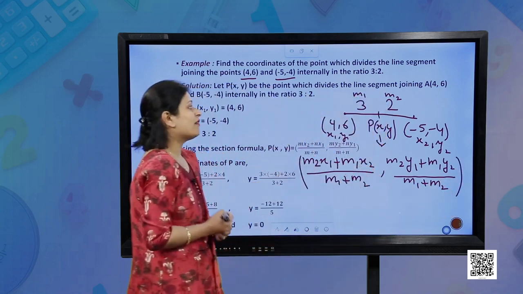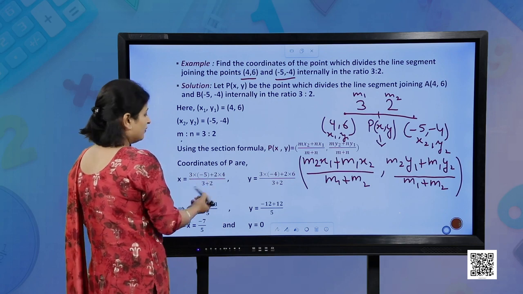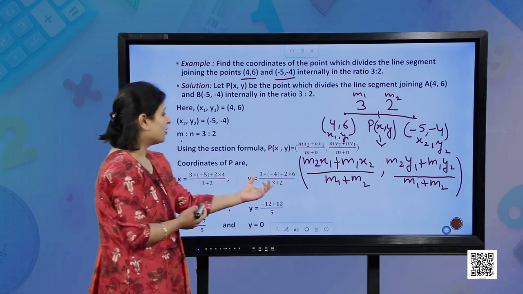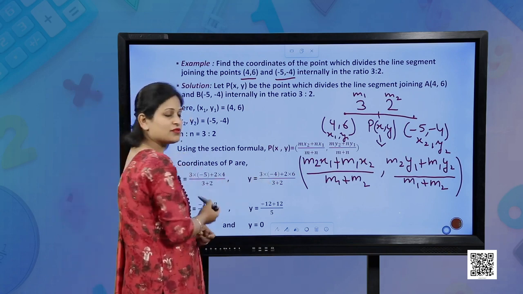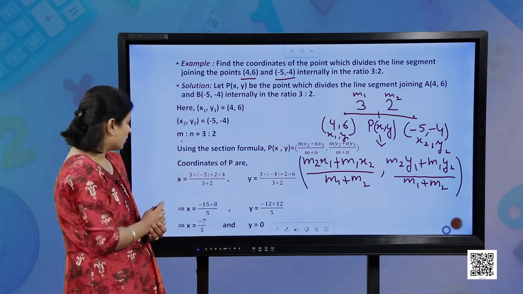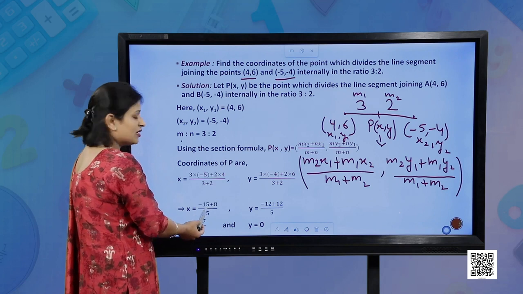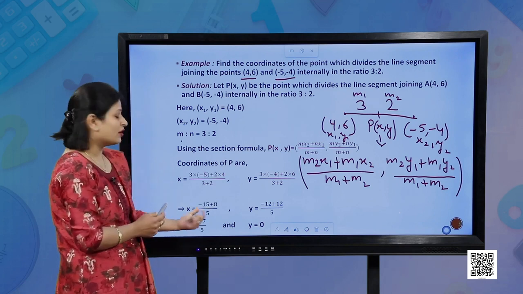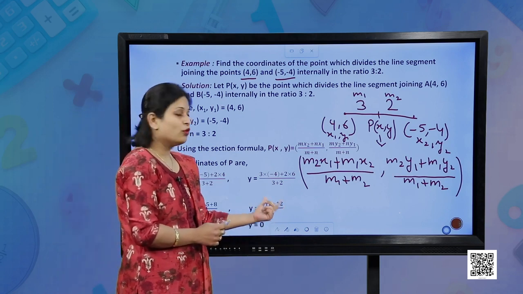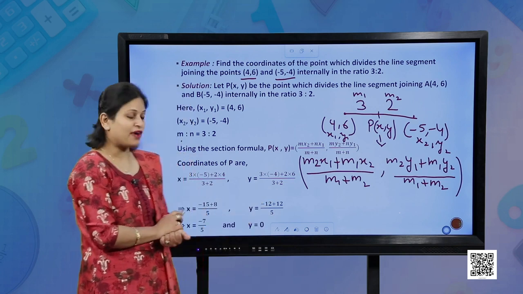Now, simply substitute the values. What will you get? (3 into -5 plus 2 into 4) divided by 3 + 2, and for y, (3 into -4 plus 2 into 6) divided by 3 + 2. After solving, you will get -15 + 8 in the numerator, and in the denominator you will get 5, and for y in the numerator you will get -12 + 12, and in the denominator 5.